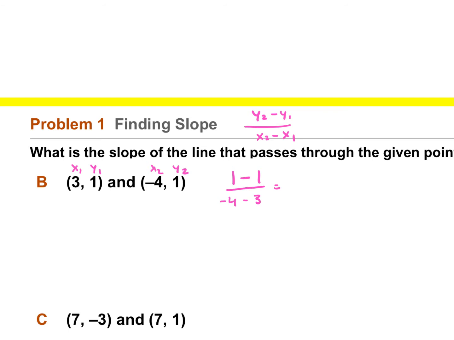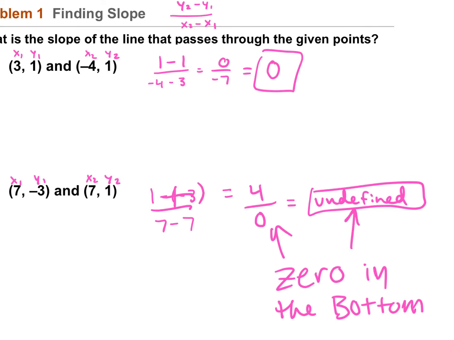What's 1 minus 1? 0. And what's negative 4 minus negative 3? Negative 7. What is 0 over negative 7 simplified to? 0. Any questions here?